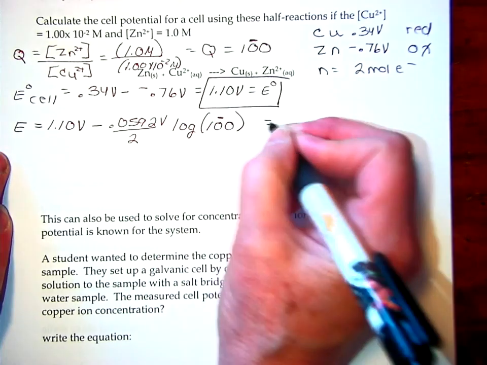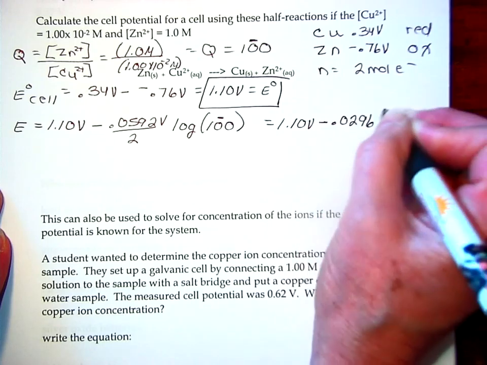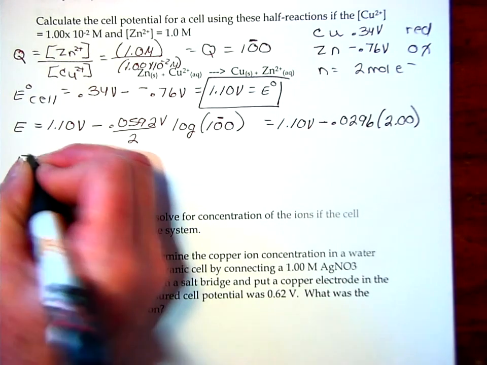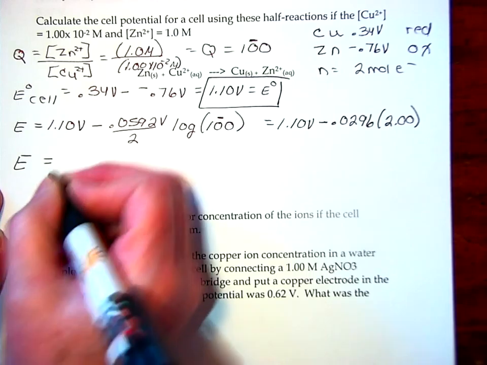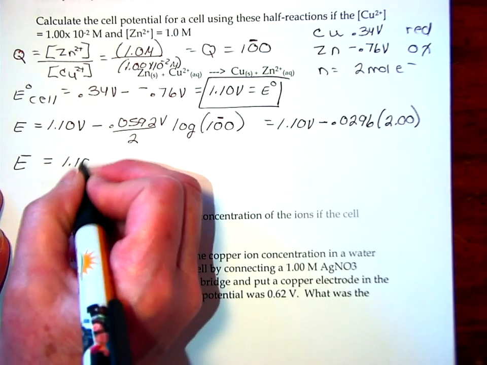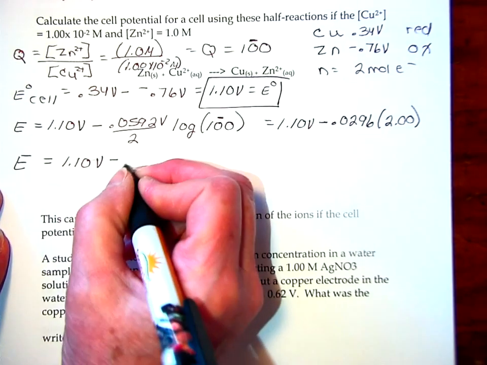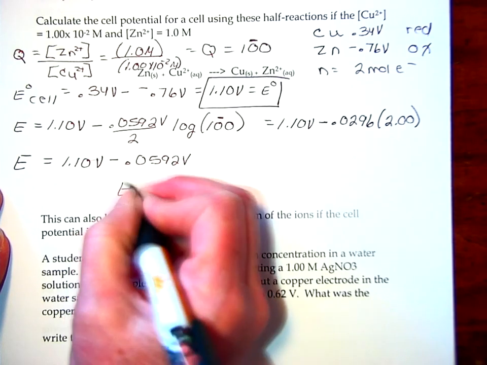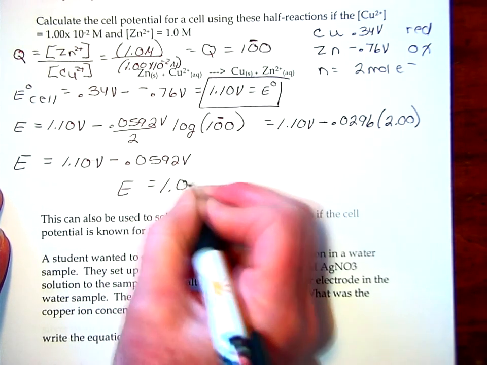So that's equal to 1.10 volts minus 0.0296 times 2.00. So my cell potential under non-standard conditions, E, is 1.10 volts minus 0.0592 volts. So my potential is 1.04 volts.